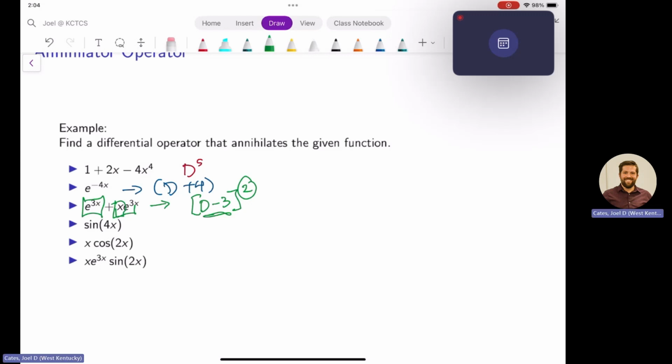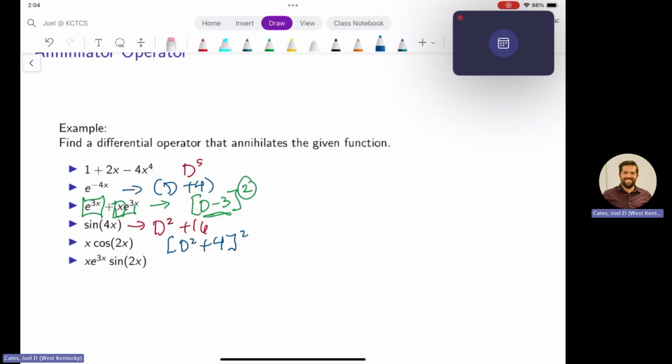Now, with the sine of 4x, what I've got is that I need D squared plus 16 to annihilate it. When I get into the territory of having x cosine of 2x, I've got D squared plus 4 squared.